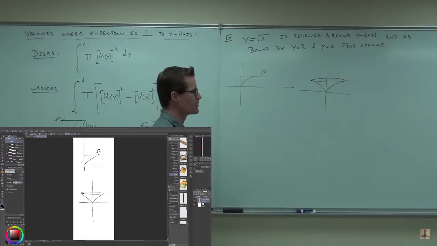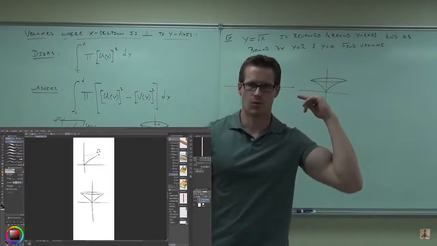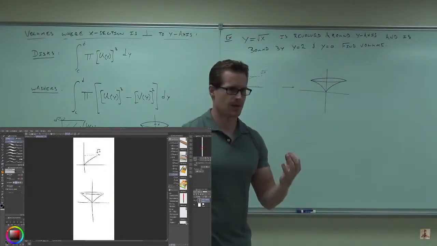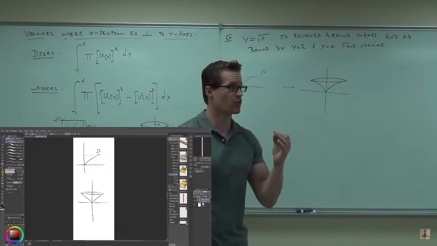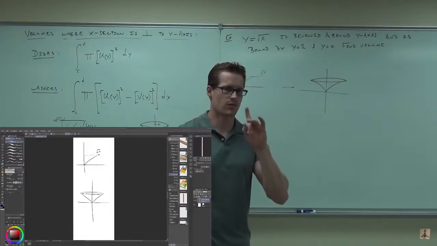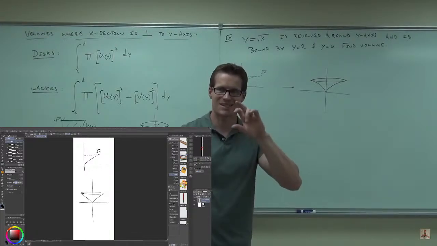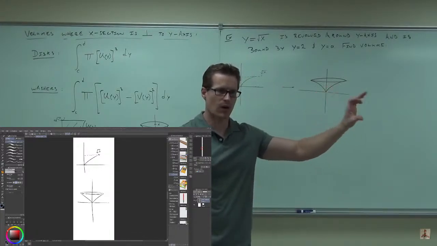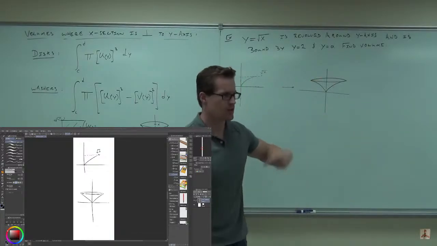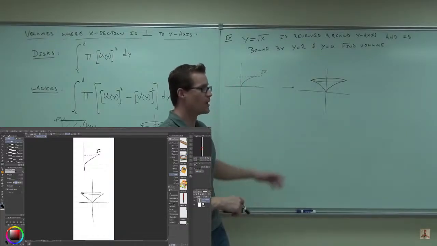Now here's the issue, I'll give you a little note as well. When you're revolving things around the y-axis, you need to have them in terms of y, which means you need to solve for x. Don't let that confuse you, I'll say it one more time. When you're revolving around the y-axis, it's got to be x equals something in terms of y. Does that make sense? When you're revolving around the x-axis, you had y equal something in terms of x. That's what we did over here.